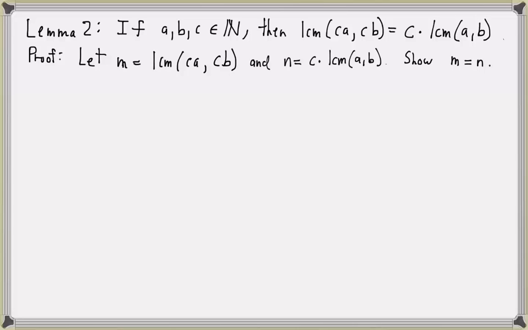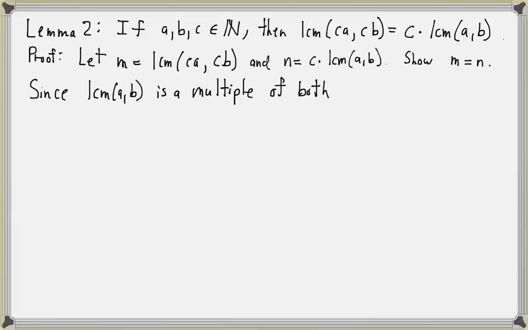Well, since the least common multiple of A and B is a multiple of A and B, I can write the least common multiple of A and B as A times an integer, and I can write it as B times an integer.